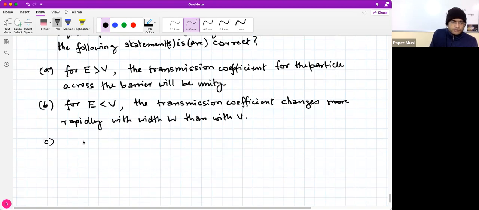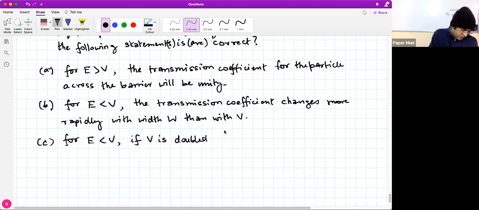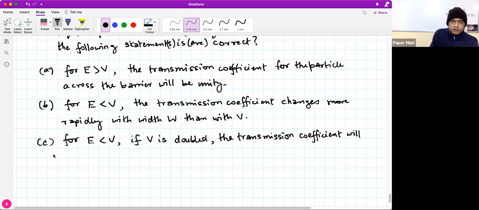Option C is for E less than V. If v is doubled, the transmission coefficient will also be doubled.